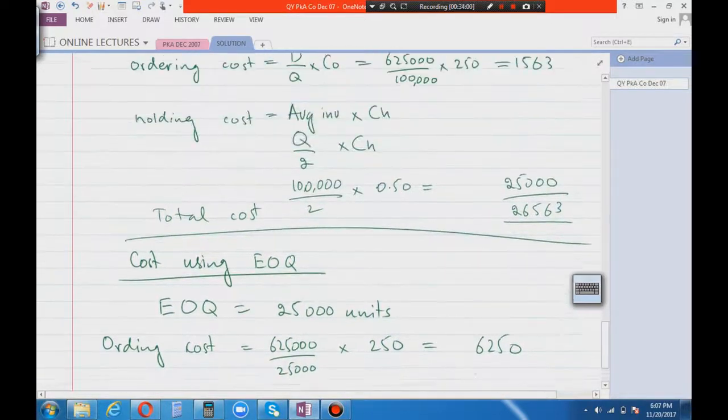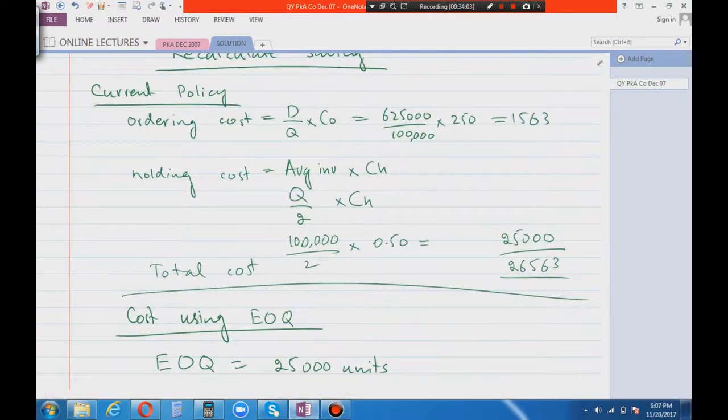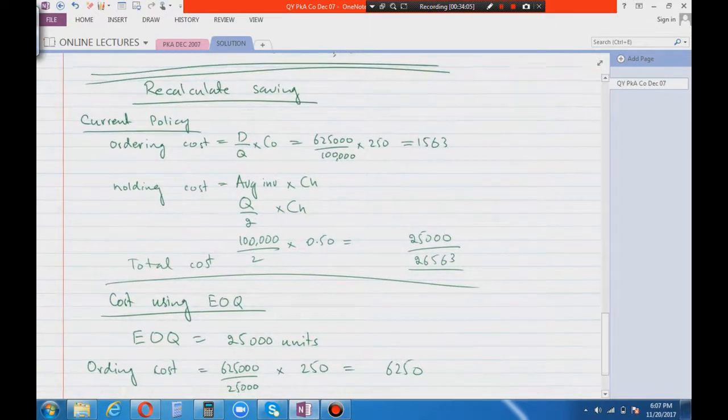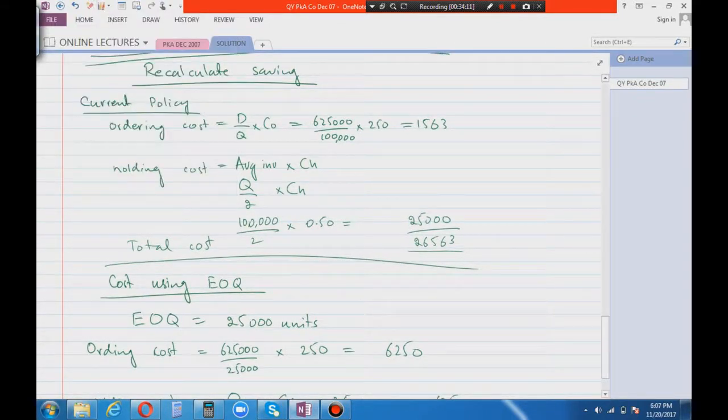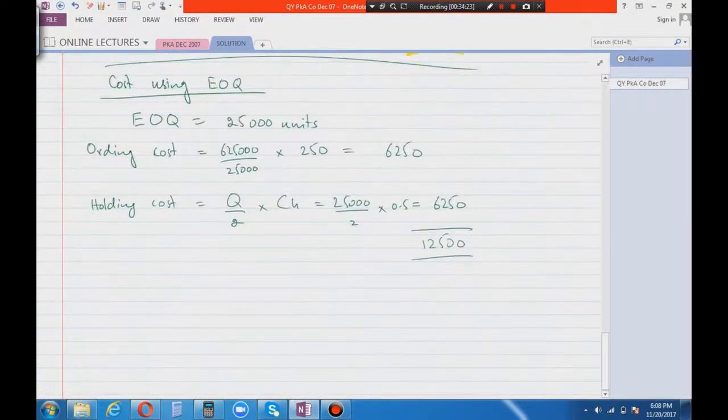Now, did you see, you will not be spending so much time on this. And the other point that I want you to see is that when you don't have minimum inventory in the question, the ordering cost and holding cost are the same, and this will be like this when you don't have minimum inventory in the question.